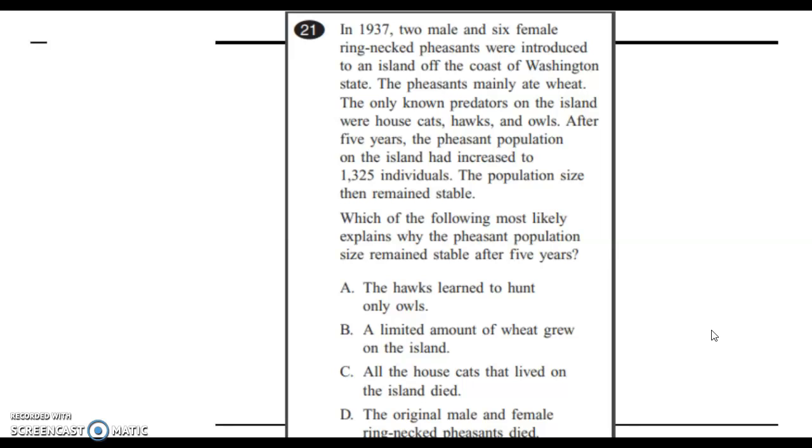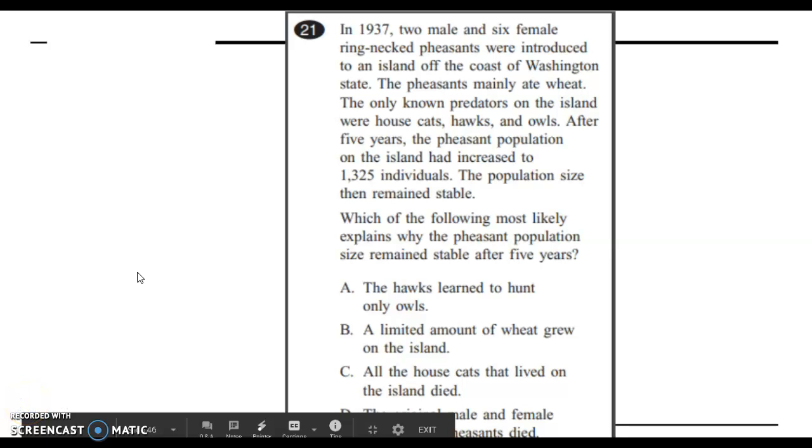A. The hawks learned to hunt only owls. B. A limited amount of wheat grew on the island. C. All the house cats that lived on the island died. Or D. The original male and female ring-necked pheasants died.